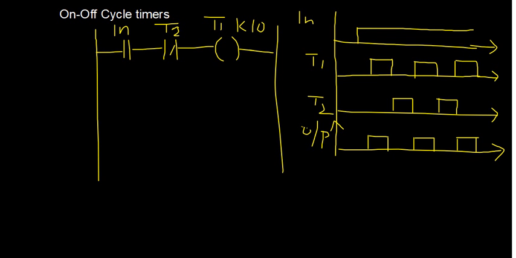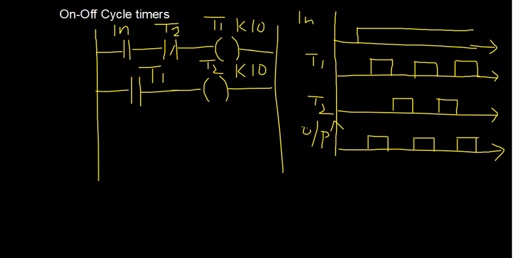So now in the second rung, your T1 contacts come here, then it is going to activate your T2. Again for T2, let me take K equal to 10 only.